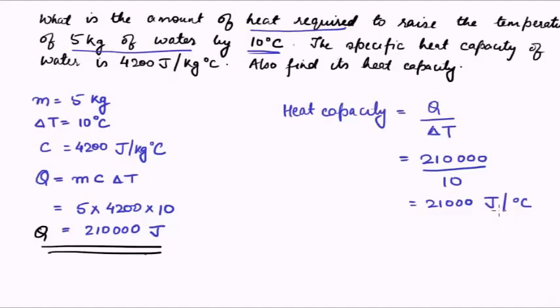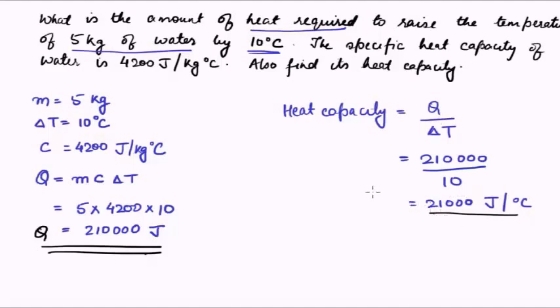What this means is that the heat capacity, the amount of heat required to raise the temperature of the whole body by 1 degree Celsius, is 21,000 joules. So this is one way when we know the total heat required.